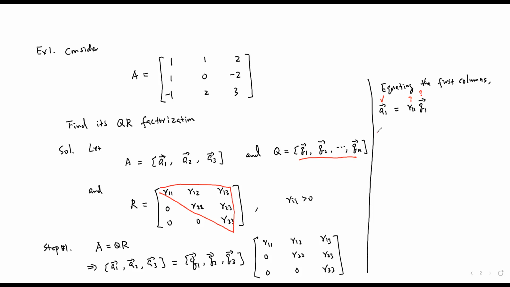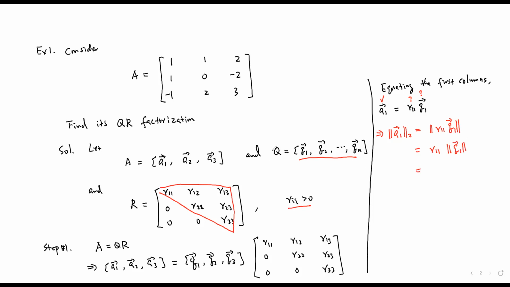Then from here, I take the two norm on both sides. Because I assume the Rii are all positive, I can move R11 outside the norm.